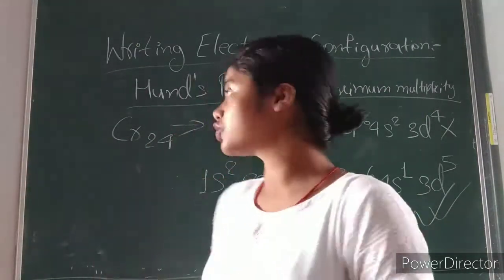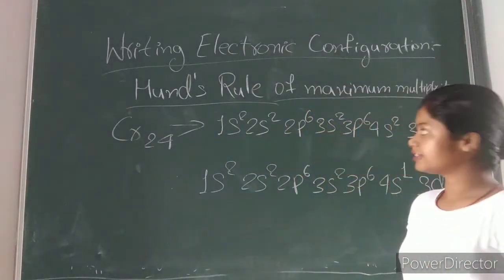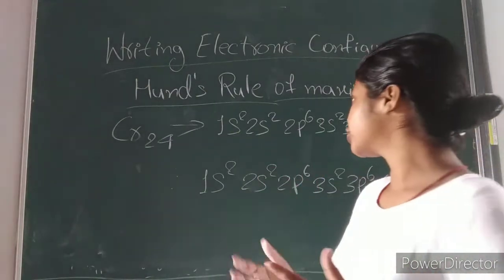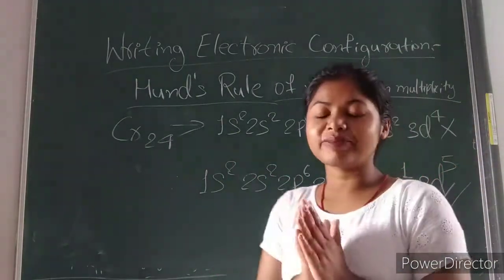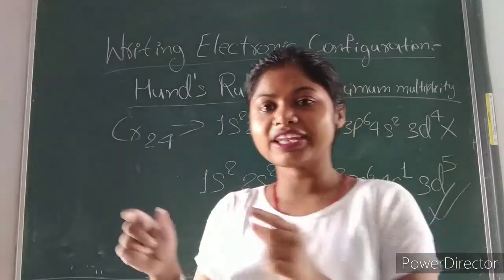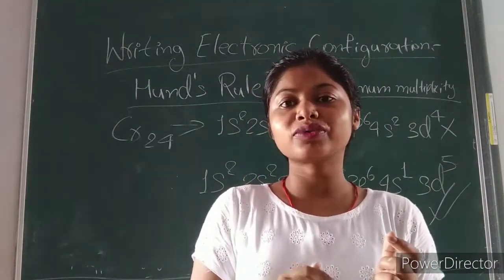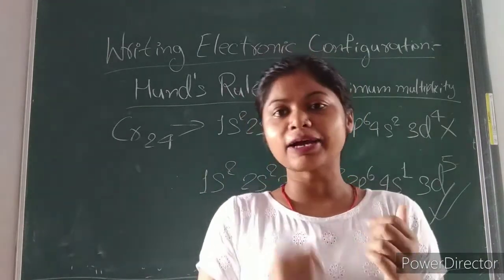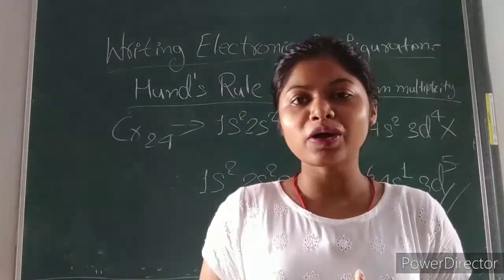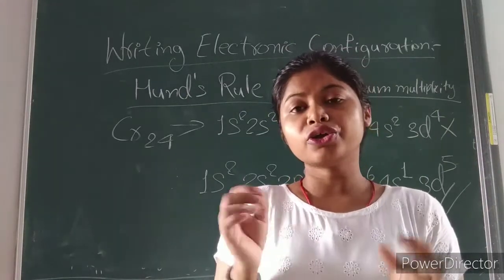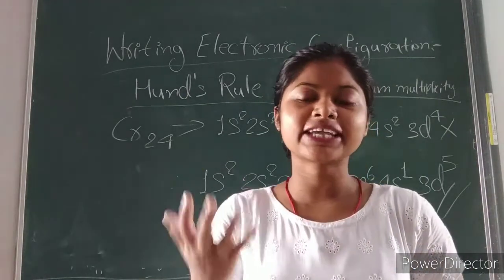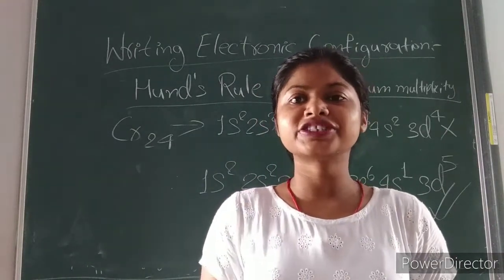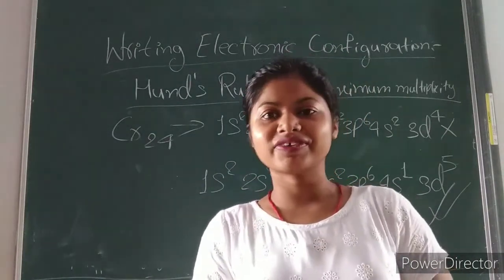Now Hund's rule says that during the pairing of electrons, first each suborbit will be filled singly, then the pairing will start, and the second part was that half filled and fully filled suborbits are more stable than incompletely filled suborbits. And Pauli's exclusion principle says that no two electrons of an atom will have the same quantum numbers. Okay students, so by knowing these three principles you can easily write the electronic configurations.